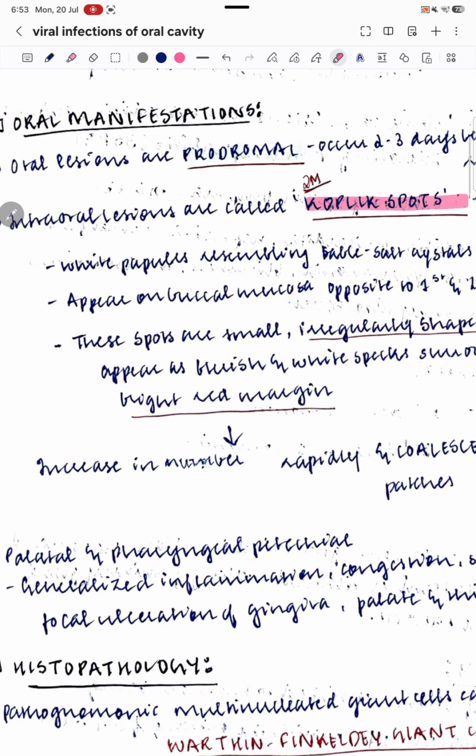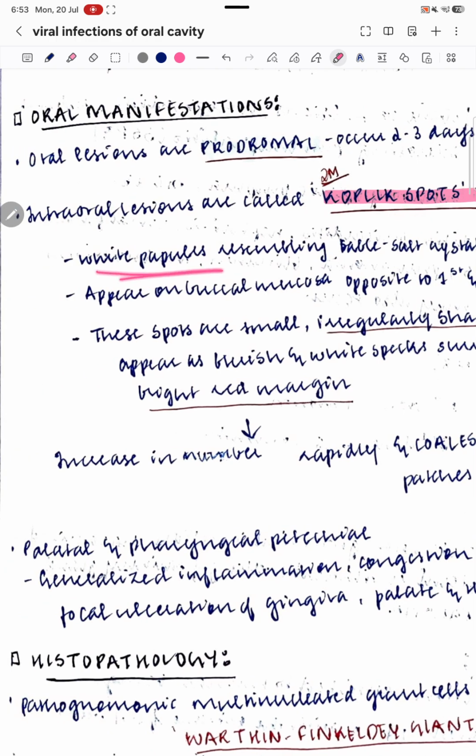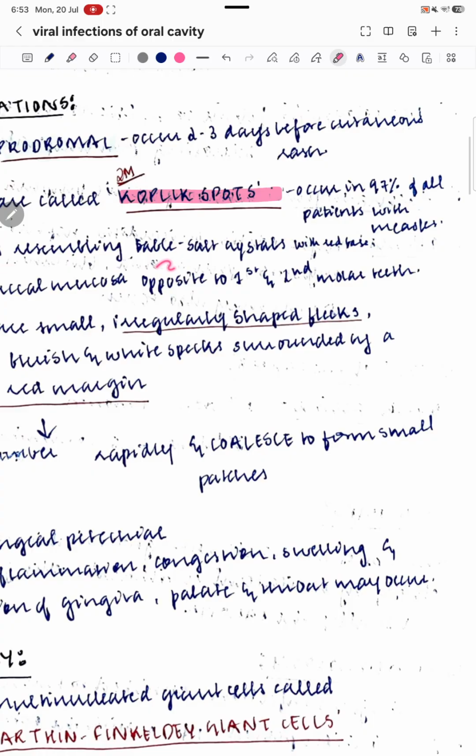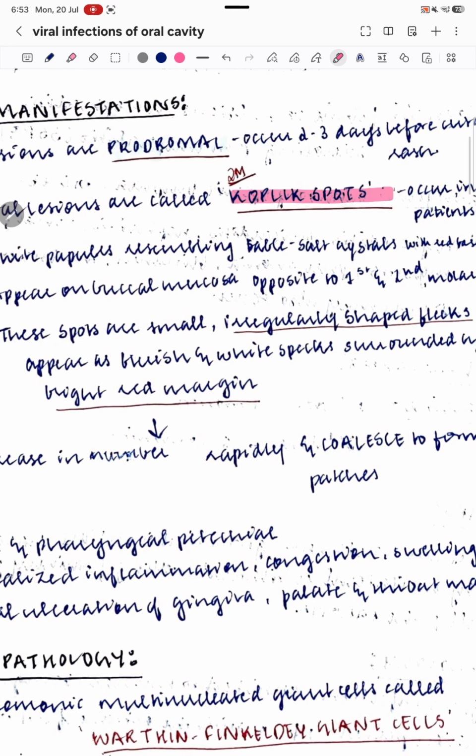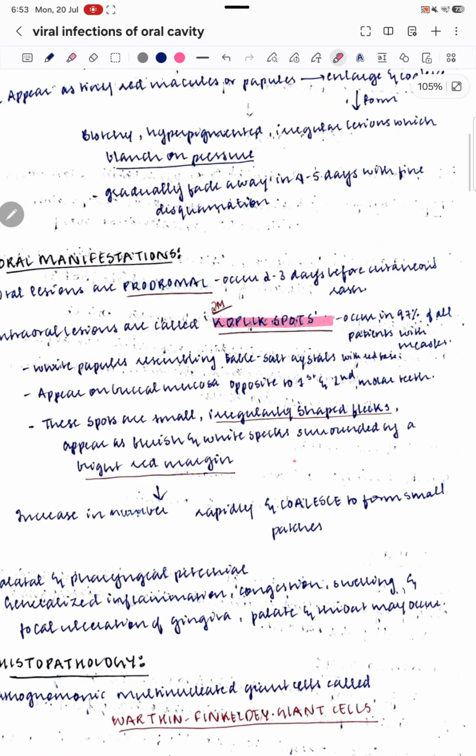What are these Koplik spots? They are white papules resembling table salt or crystals. Basically, they resemble rock salt or table salt with a red base.